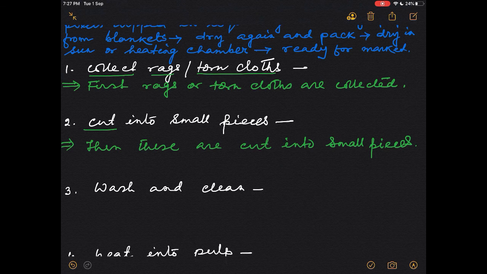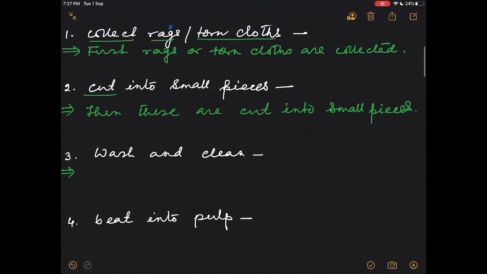Okay. Now come to the third point, wash and clean. See, this is the verb and this is the verb, but no object is there. The object is here, small pieces. So you may write now, and then is the connective, and now is the connective.